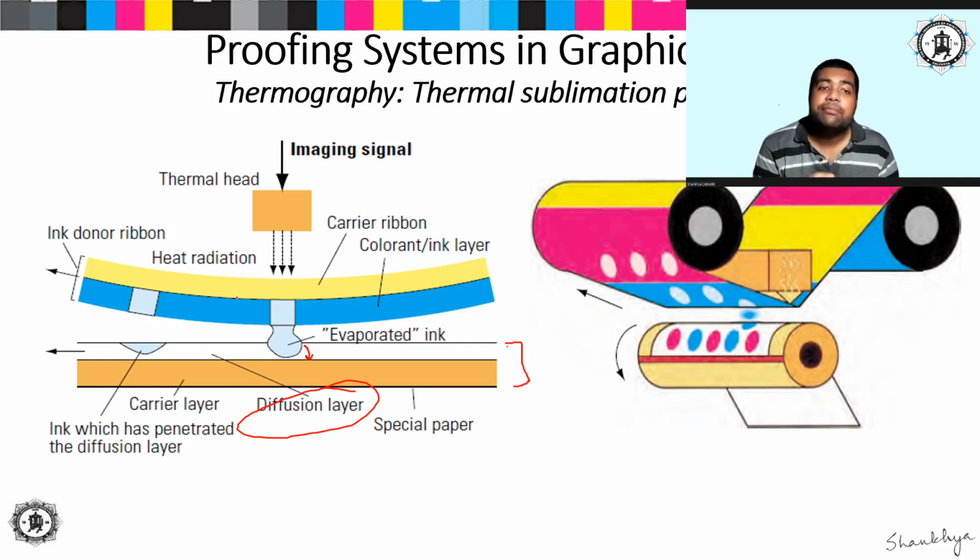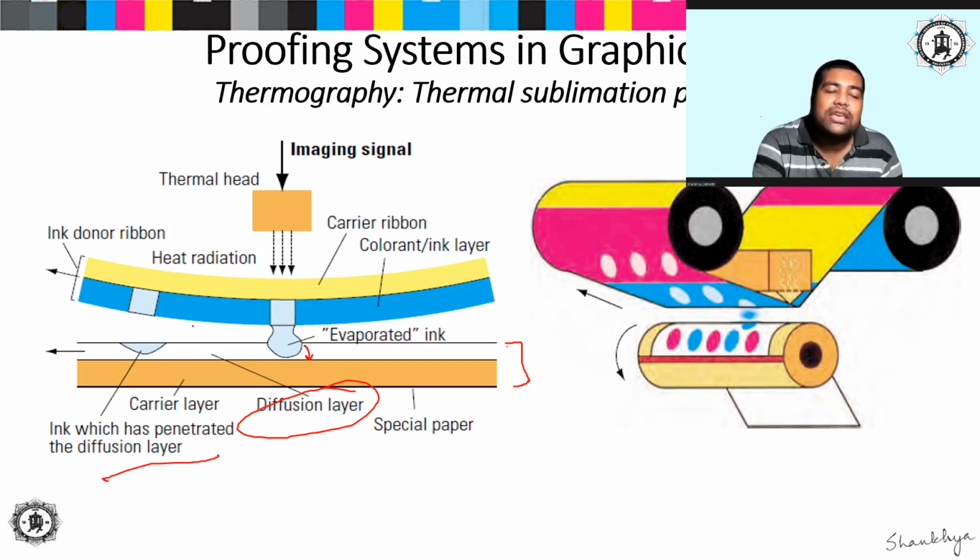Now you should know the difference from the earlier case very well. In the thermal transfer process, what happened? Ink is simply getting transferred and penetrating into the paper through capillary action. But here, since we are using a special type of paper which contains a diffusion layer, the amount of ink that will be transferred onto the paper is determined by the diffusion layer.